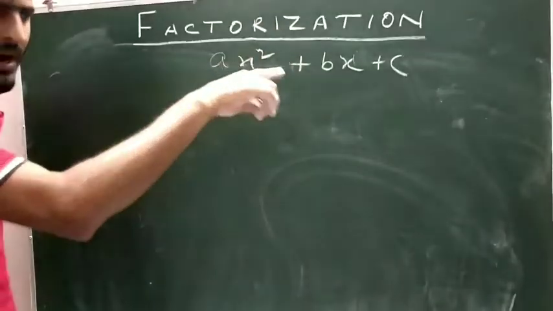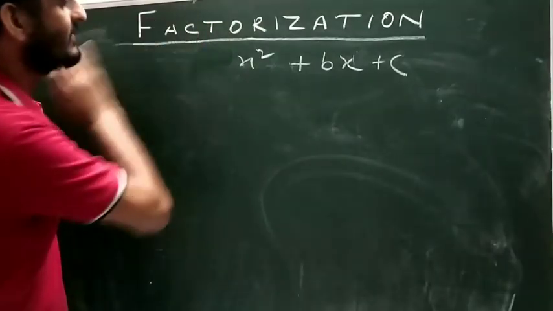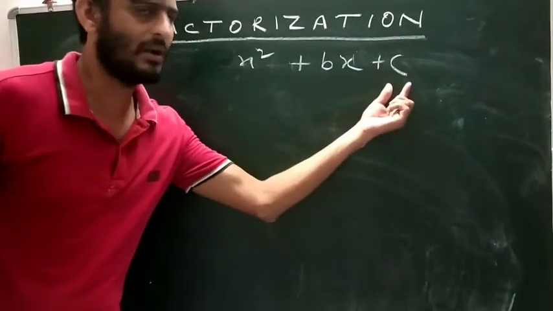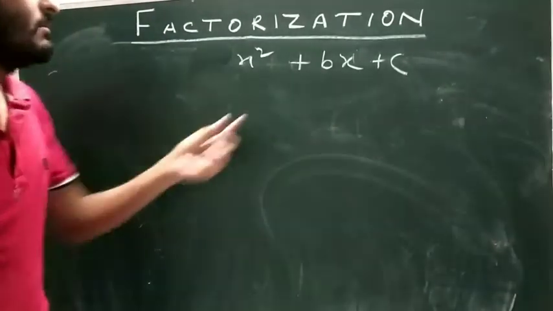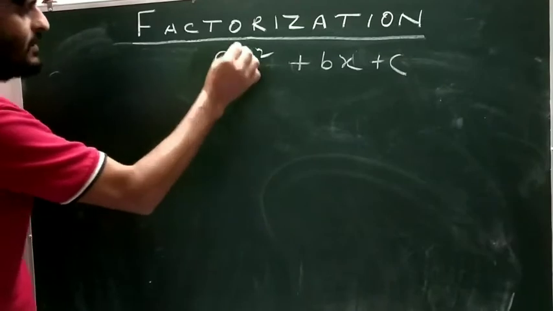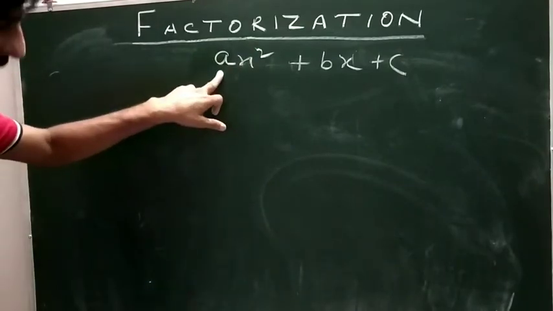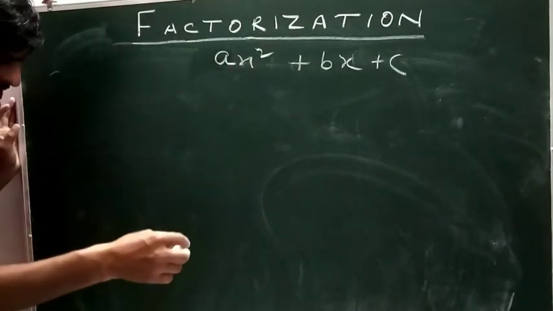In the first part, it was only x square, where we did the multiplication, prime factorization, then addition and subtraction. But in this part, in ax square, a certain number will be there. Let's go for one example.